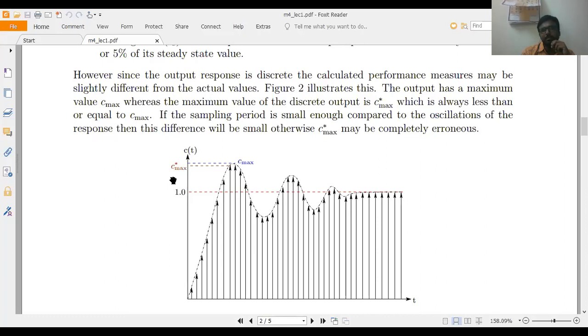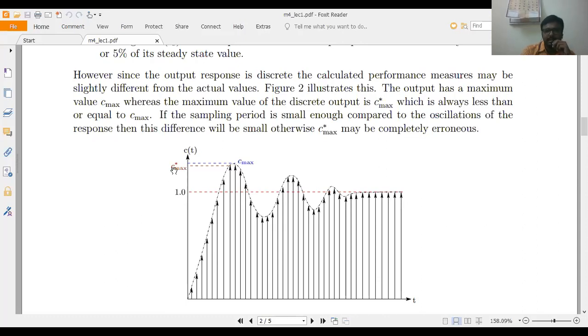These two quantities are related to the sampling period. As soon as the sampling period is very small, the C max conjugate value will also be very small.